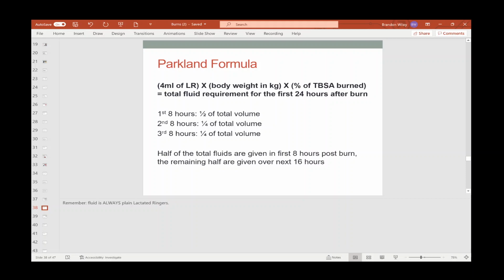So say they came in 2 hours later, right? Now how much time do I have to get all that 4 liters in? I got 6 hours to give it. Okay, does that make sense? So it's time of the burn is where you're calculating the first 8 hours. That's why it's important to talk to your EMS. When do you think this happened? Well, I think it happened yesterday.